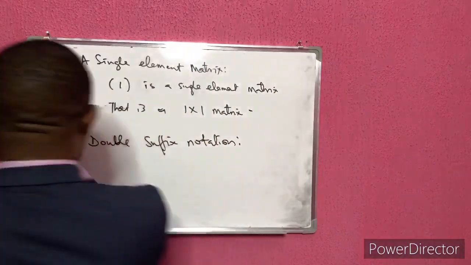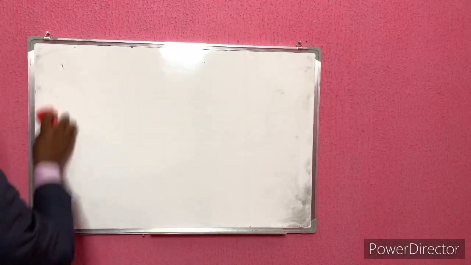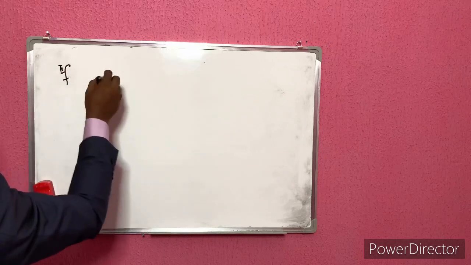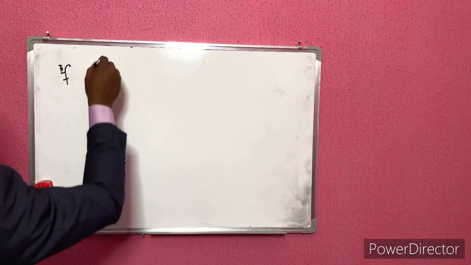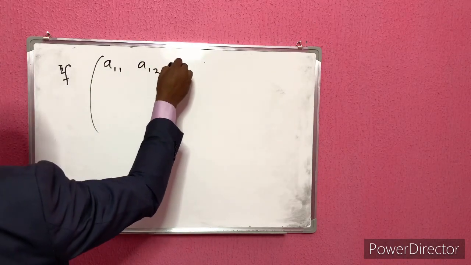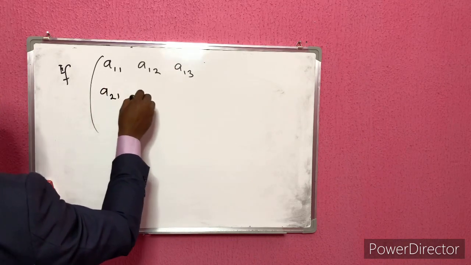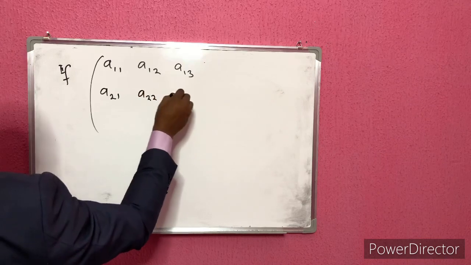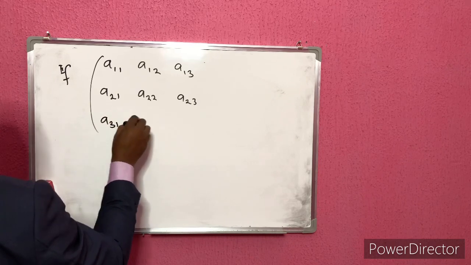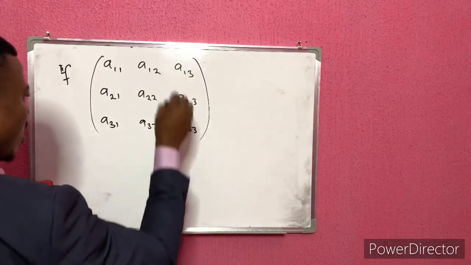For example, if we have A11, A12, A13, A21, A22, A23, A31, A32, A33, and so on.